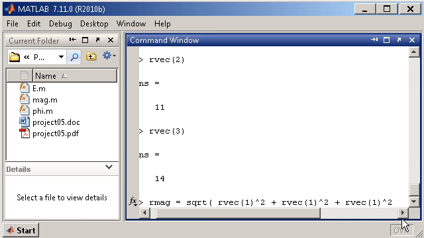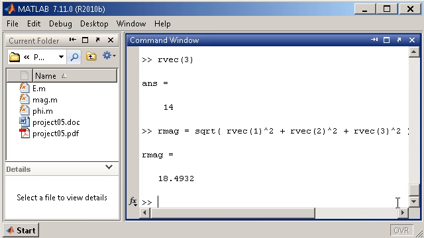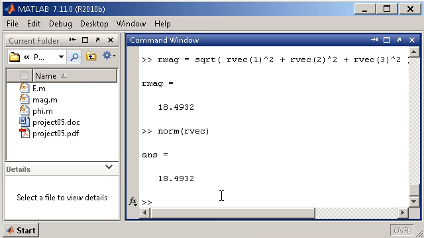Never know whether it's using more time or less time, but this would be 3 and this would be 2. And yeah, if I take on the calculator, well, that's the norm. Let's go make sure I get the same answer. Norm of RVec. Get the same exact answer.